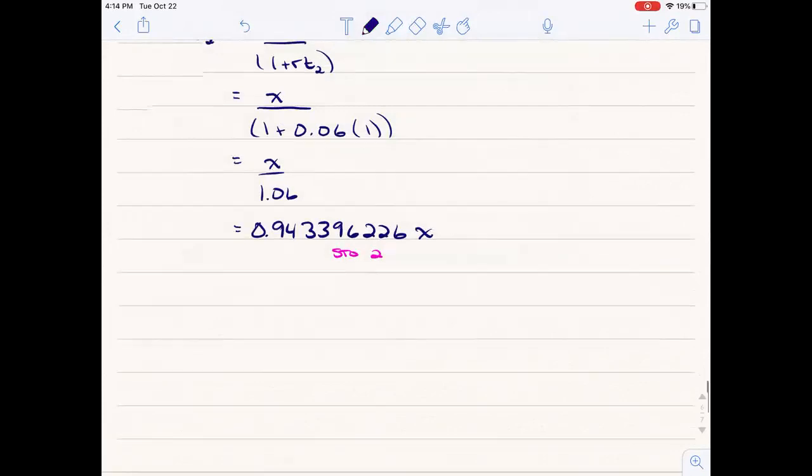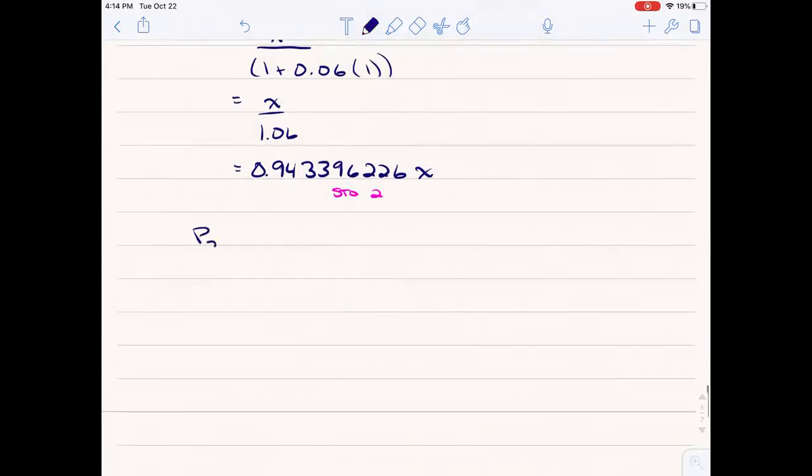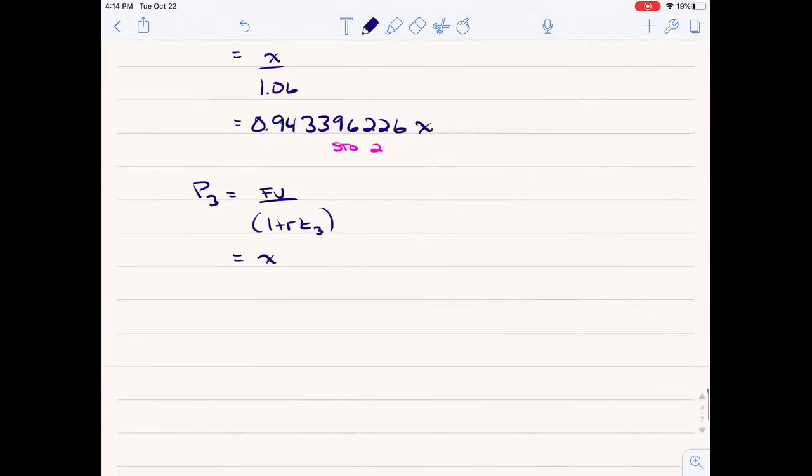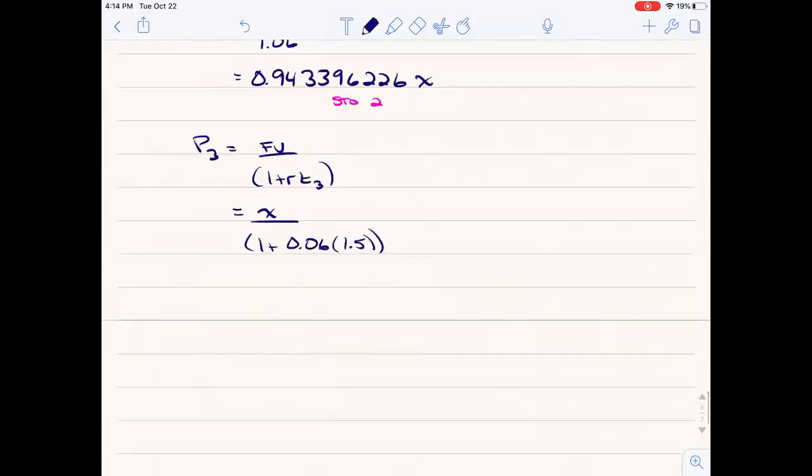And then same deal for P3. P3 is the future value over 1 plus RT3, which is X over 1 plus 0.06 times 1.5. 0.06 times 1.5 is 0.09.